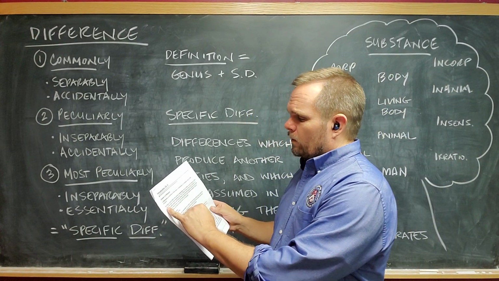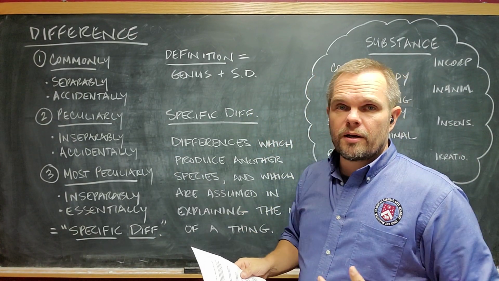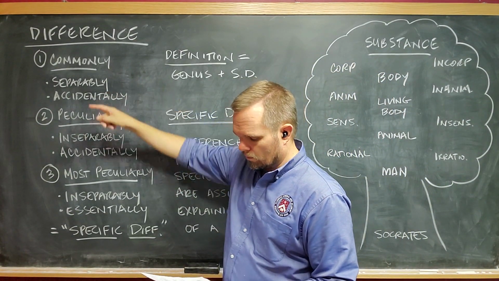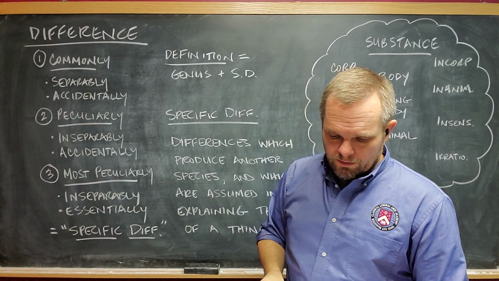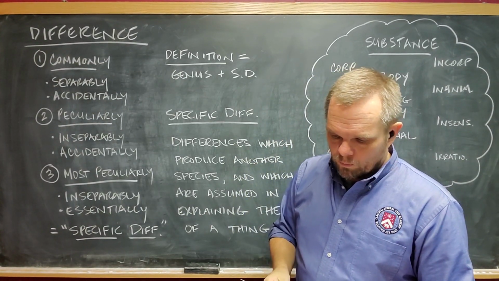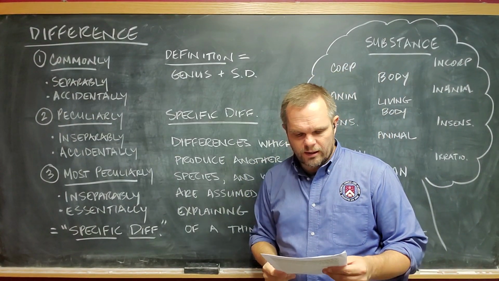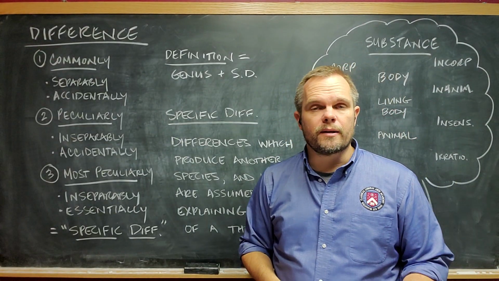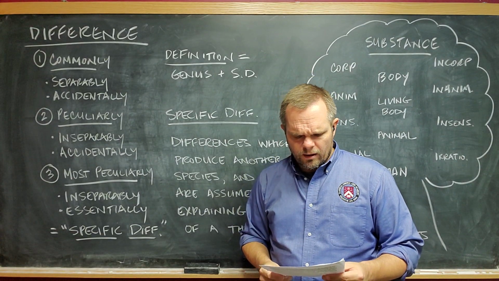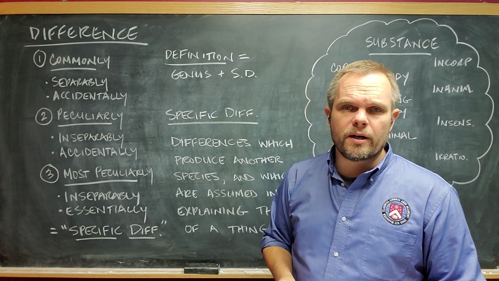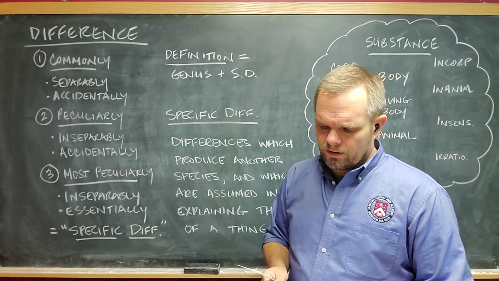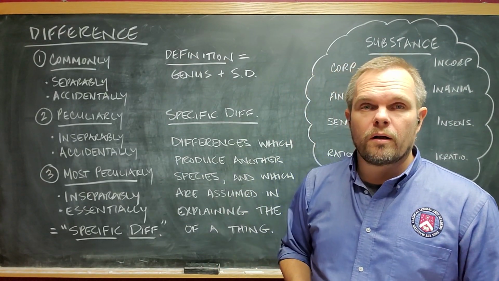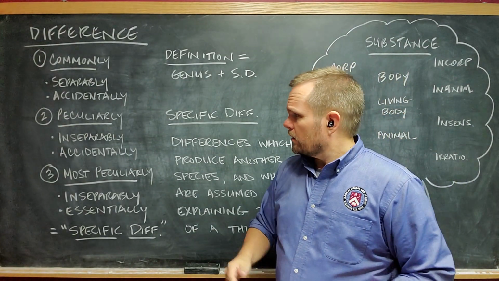And then he says, one thing is said to differ from another commonly. And you can see I have commonly up here as number 1. One thing is said to differ from another commonly when it differs in some respect either from itself or from something else.